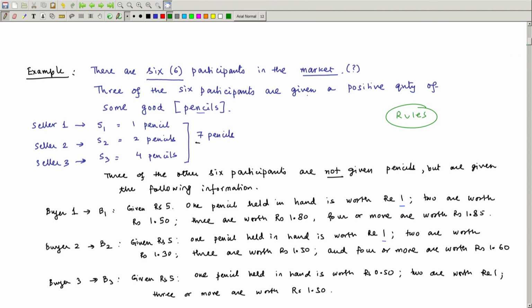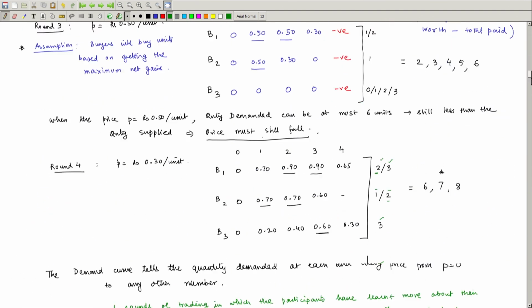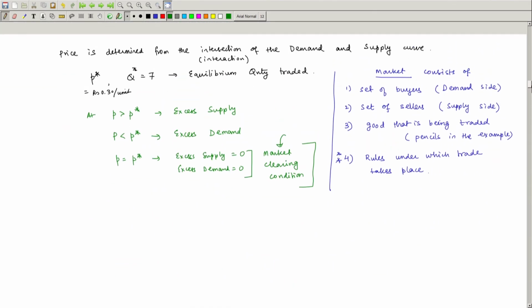And notice that there is nothing good or right or wrong about the way we have computed the equilibrium price, right. The market system is one way of allocating the good, right. I could have various ways of allocating a good. For example, one way could be first come first served.